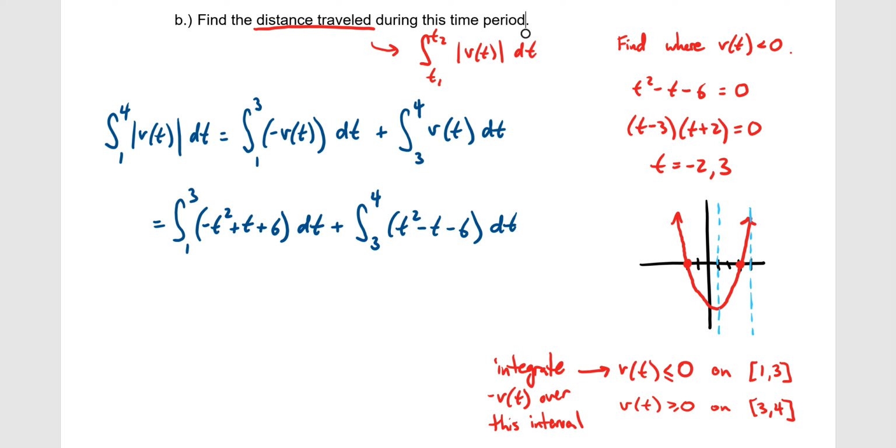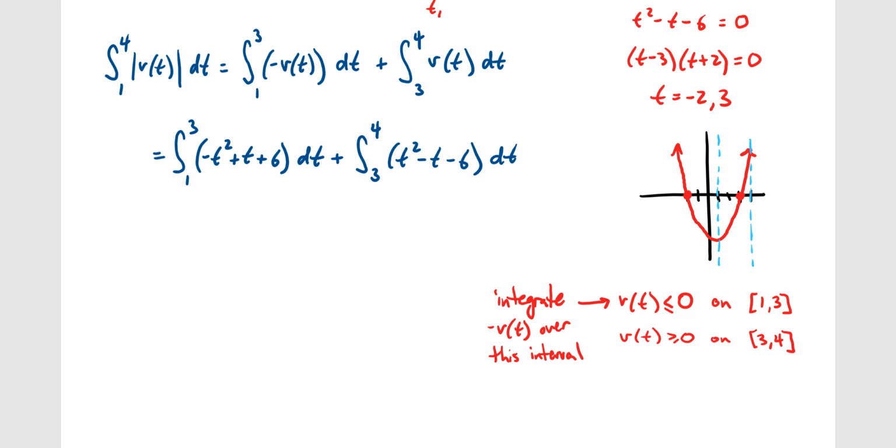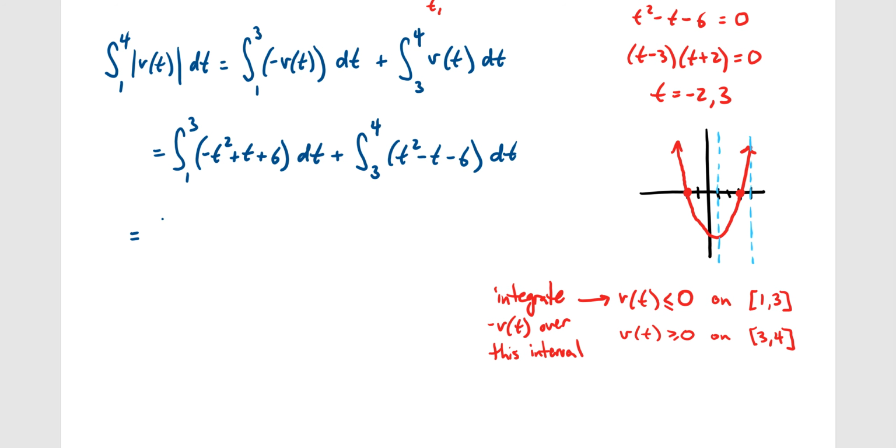And now we have to do both of these integrals separately. So I'm going to go through and do it kind of quickly. The first integral becomes negative t cubed over 3 plus t squared over 2 plus 6t evaluated from 1 to 3. And then the next one becomes the same thing, but every term is just the negated of what we just did.